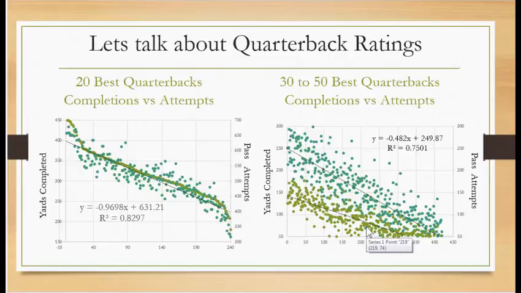You also have completions versus attempts here. So the completions are this little tiny dotted line here that you can barely see. I'm sorry, these lighter green, the more bluish green dots, versus the attempts, versus the completions are these here.